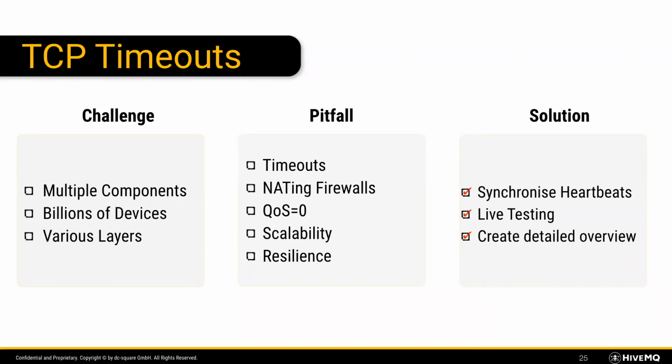We have billions of devices worldwide that are connected over the IoT. And since IPv6 is still not really widely accepted, other solutions need to be found to find address space for all of these devices. And yeah, we're also talking about different layers. Okay, so what are typical pitfalls?